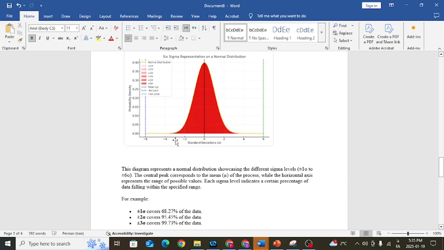And the last one, for example, -3 to +3 standard deviation covers about 99.73% of the data.